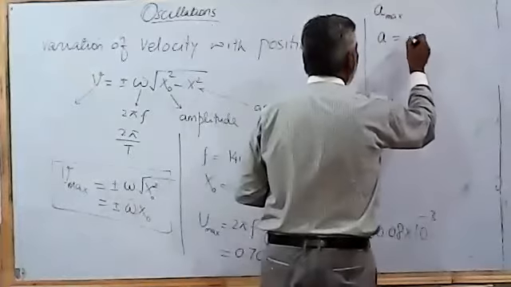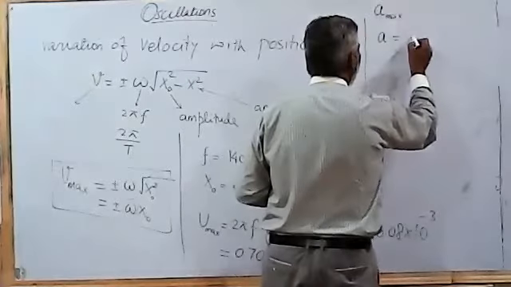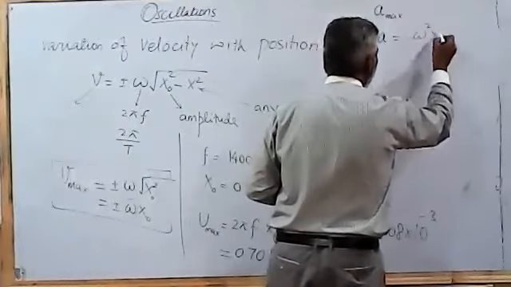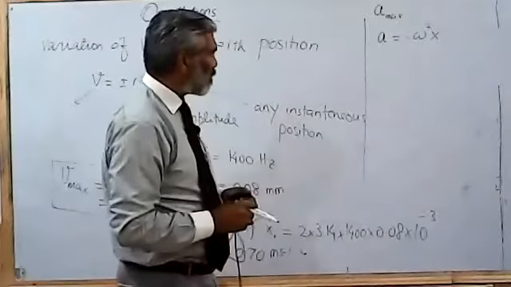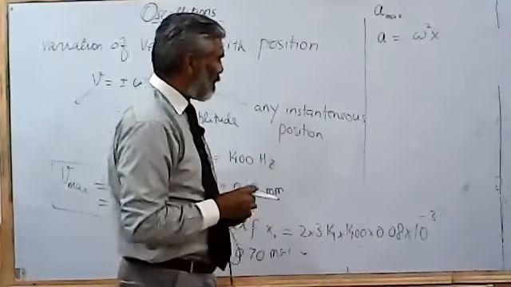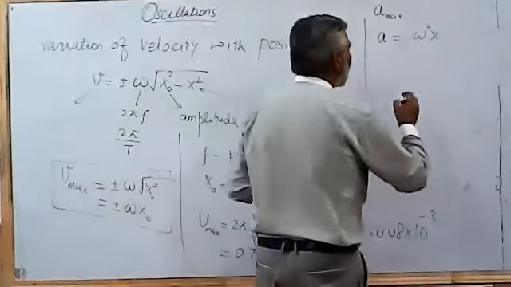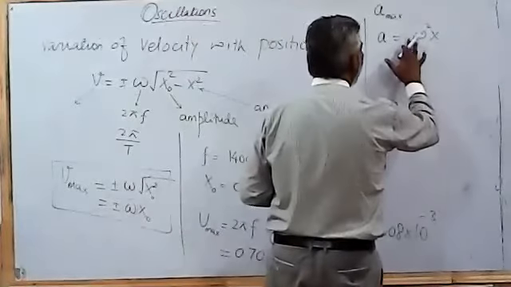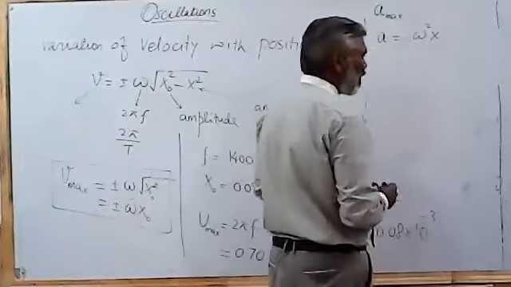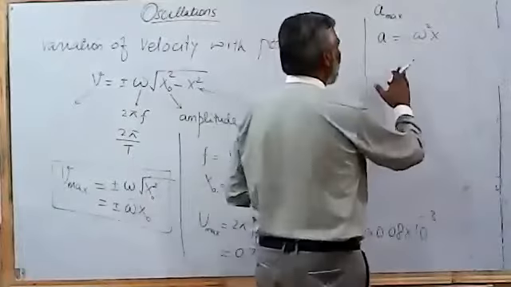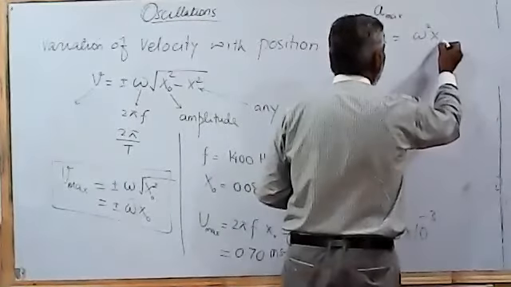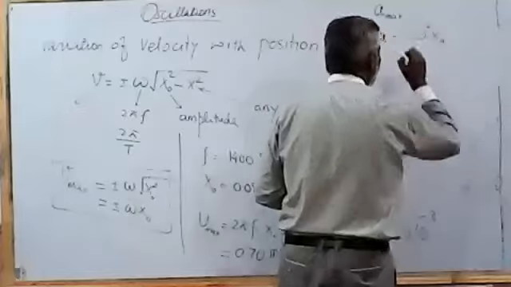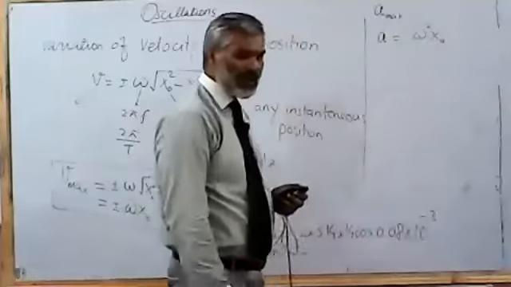For A max, you need to remember minus omega square x, which is the general equation, the characteristic equation of simple harmonic motion. We can ignore this negative sign because the purpose is to calculate the maximum value of acceleration. So we can ignore the negative sign and use the maximum value of displacement here.